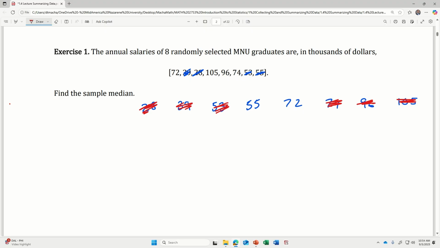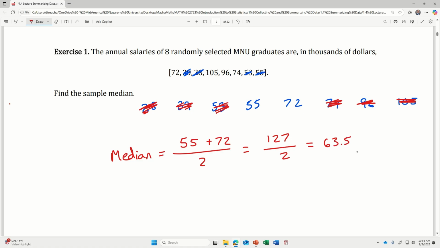So to find the median, when I have an even number in my data set, I'm going to take the middle 2 observations, add them together, divide by 2. And so this is going to be 127 over 2, which is going to be 63.5.